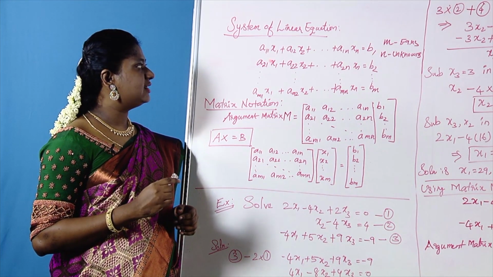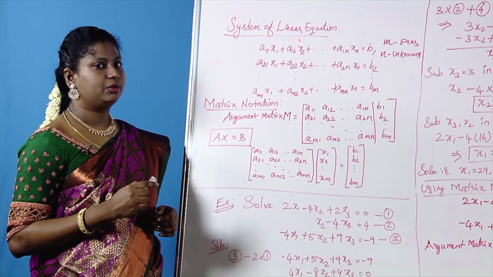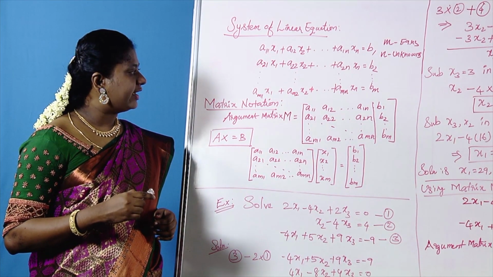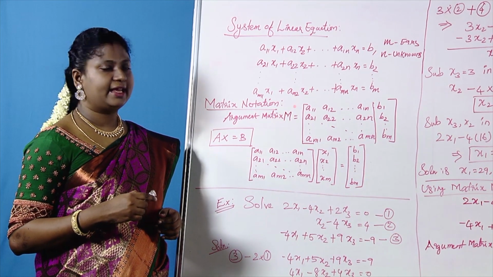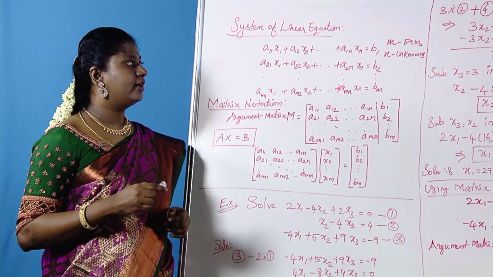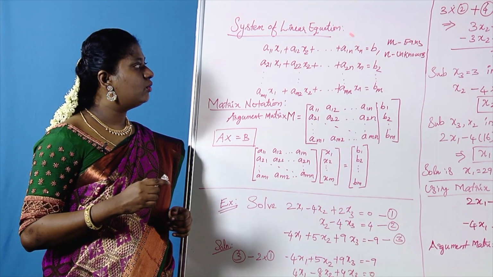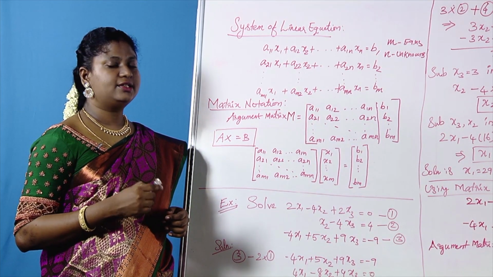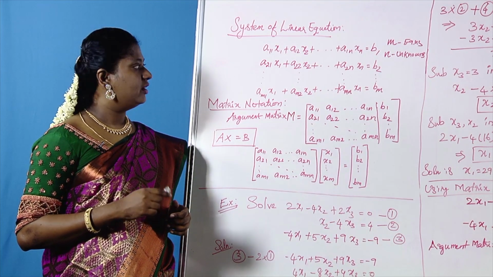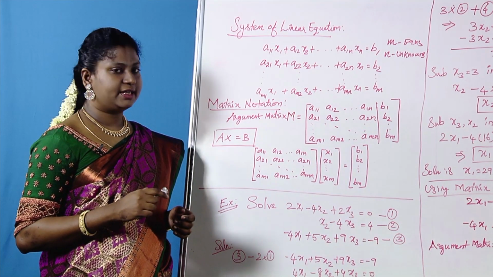The coefficient of x1 in the first equation is a11 and the coefficient of x2 in the mth equation is am2. So, all of the aij's are coefficients. If you form a matrix using only the coefficients, then that is called a coefficient matrix. For example, the coefficient matrix will look like this.